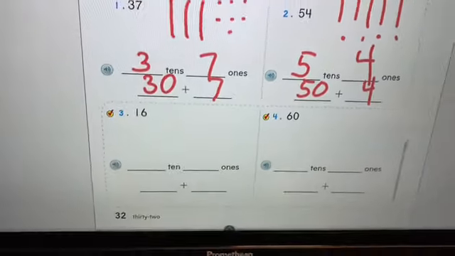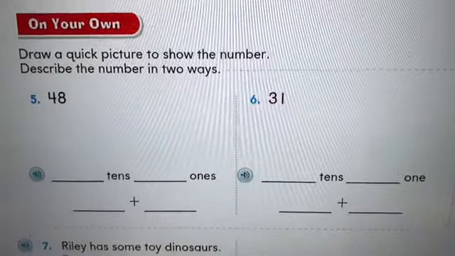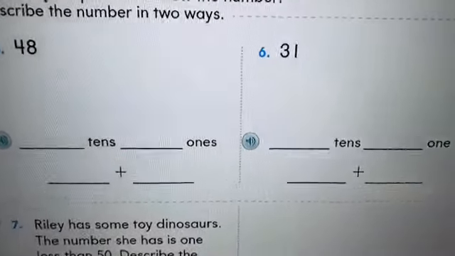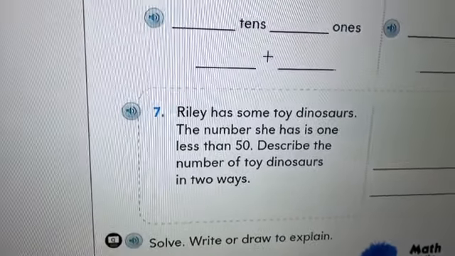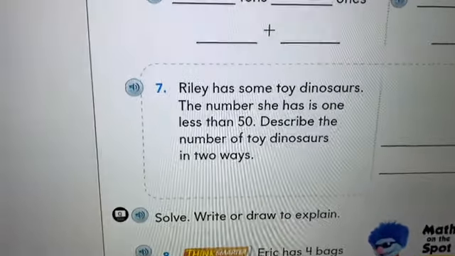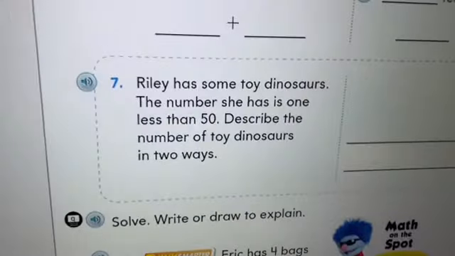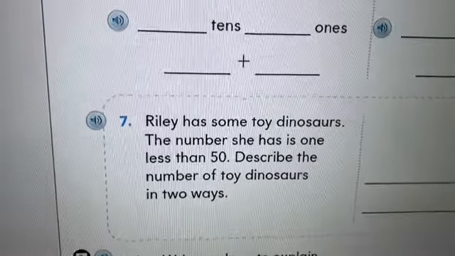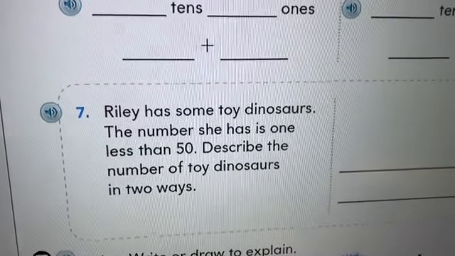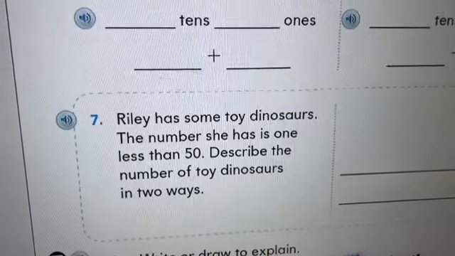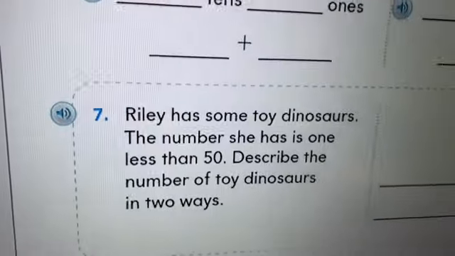Awesome job. I'm going to have you finish that page here. Remember, draw the picture and then fill in these spots. Okay. I'm going to go ahead and read number 7 for you. And you can always go back to it when you actually have the page and have it read to you again, or you can have mom, dad, brother, sister, aunt, uncle, somebody read it for you.